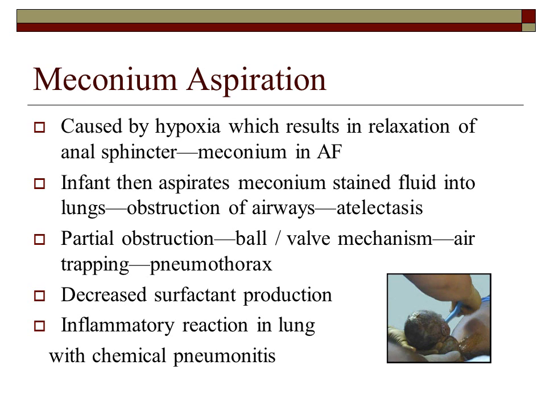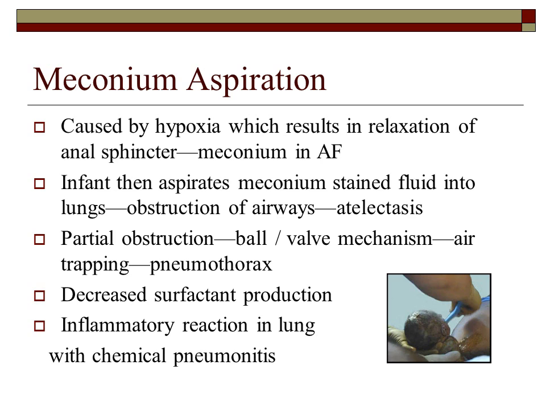So, what is meconium aspiration exactly? What happens is at some point in utero, the baby has a hypoxic episode. This causes a relaxation of the anal sphincter, and then the baby basically has a poop in utero. The meconium is the type of stool that causes what's called meconium staining.